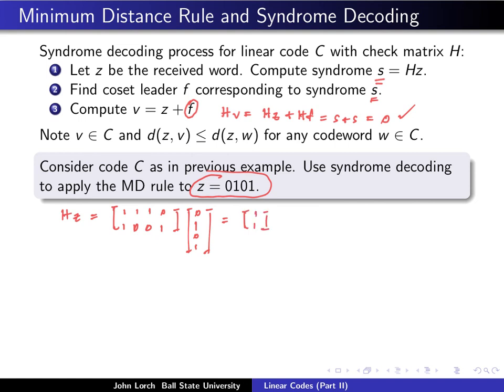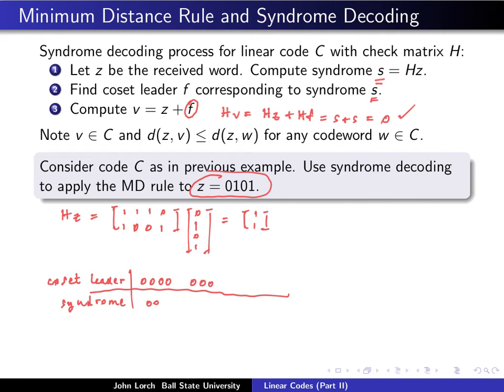So that's our syndrome. Now, remember that we had this syndrome lookup table on the previous slide, with these coset leaders and syndromes down here. I'll just remind you what that table looked like. The syndrome corresponding to leader 0, 0, 0, 0 was just 0, 0.